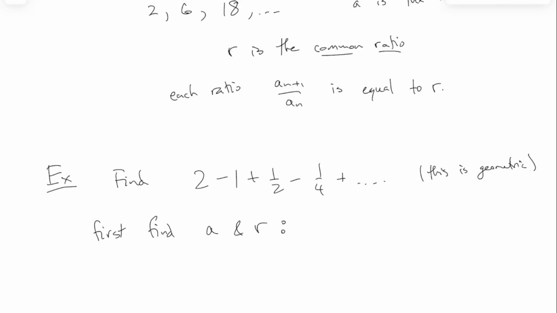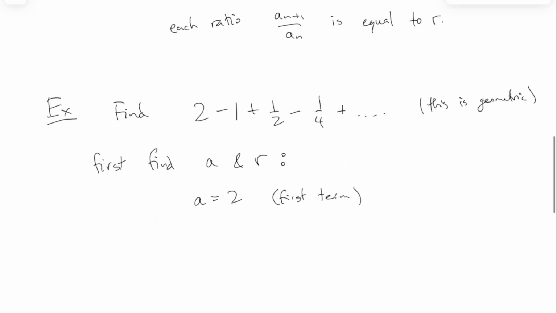Those are basically always easy to find, provided that you remember how to do it. Anybody remember what A is? It is the first term. This is always very easy. It is 2, so in this case A is 2. No special trick for that.